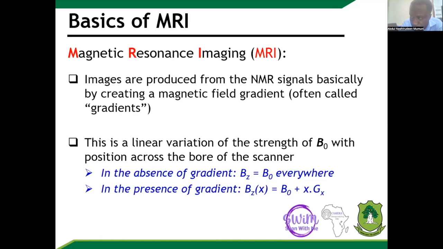But the spins are still excited, in quotes. You would have excited them first using the 90-degree pulse. But where you apply 180, the 180 does not give you the signal.